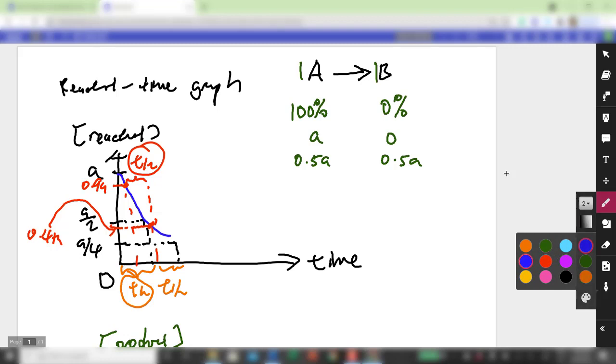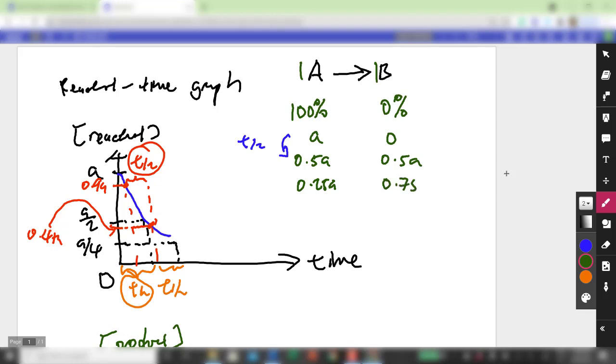So in this case, we are looking at the first t-half. Then if we get the consecutive half-life, that's 0.25A, then in this case I'm going to get 0.75A here. So that will give me the second t-half.